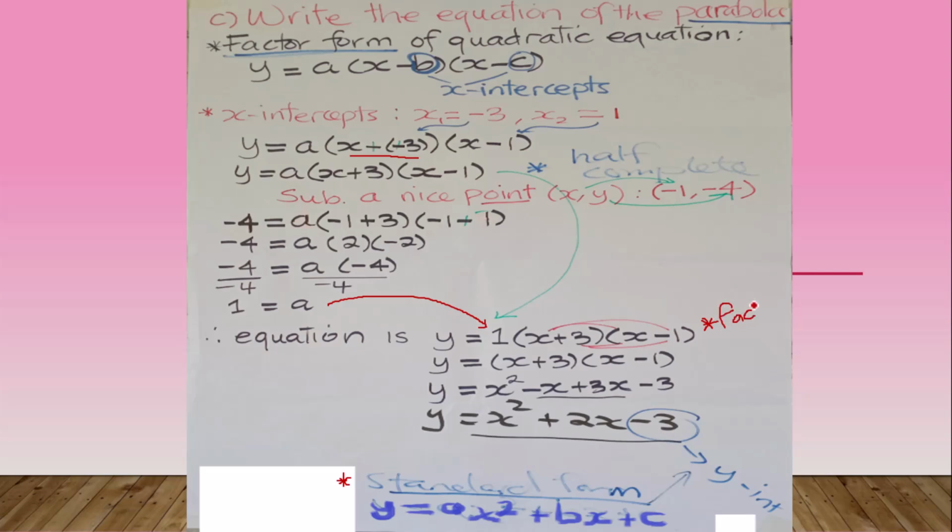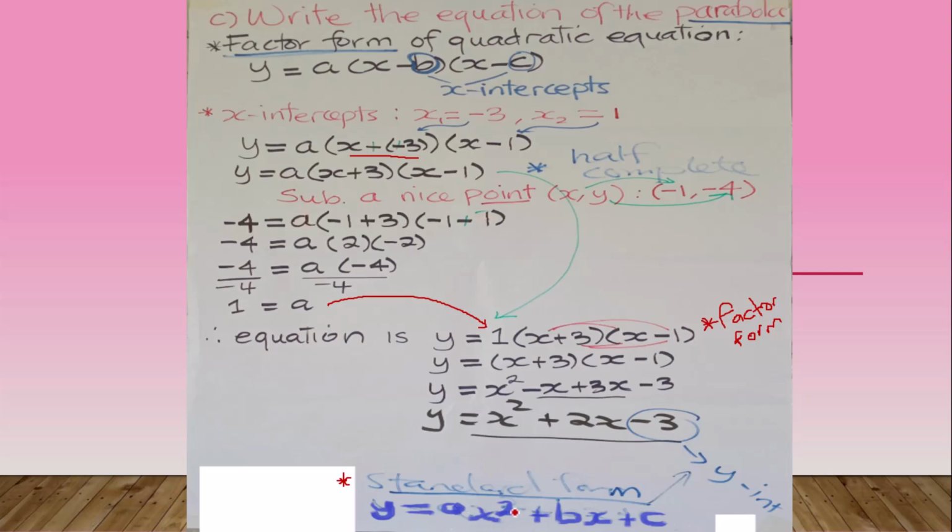Okay, right now it is in the vector form, and we do not want that unless the instruction asks us to leave the equation in the vector form. If they just ask you to write the equation, they're expecting you to write your equation in the standard form, where the letters are in alphabetical order.